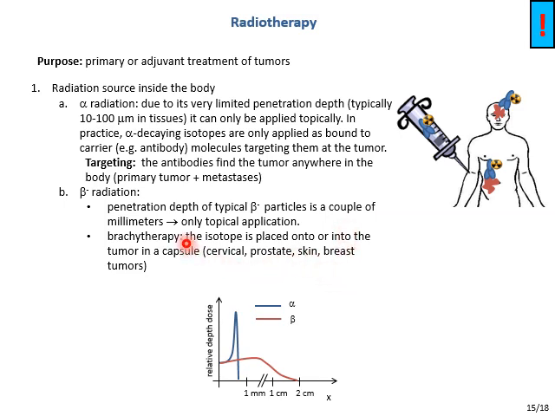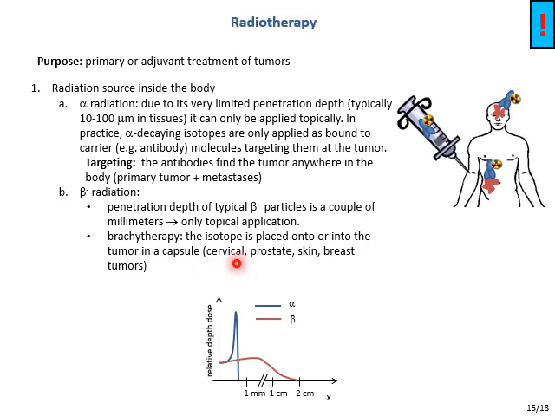This is in many cases achieved by brachytherapy, in which the isotope is placed onto or into the tumor in a capsule, and this is achievable in the case of tumors which are surgically relatively easily accessible, relatively close to the skin.